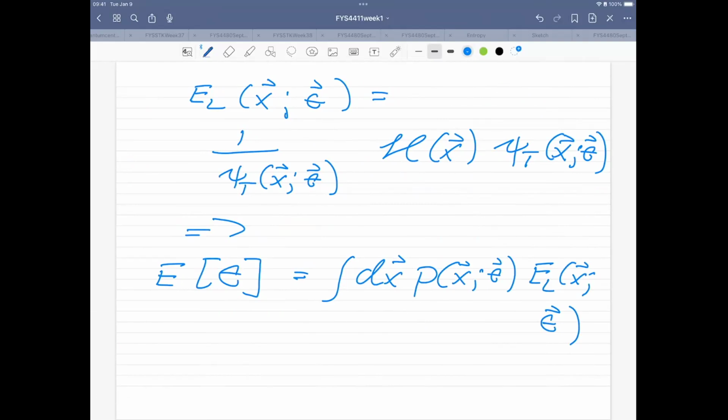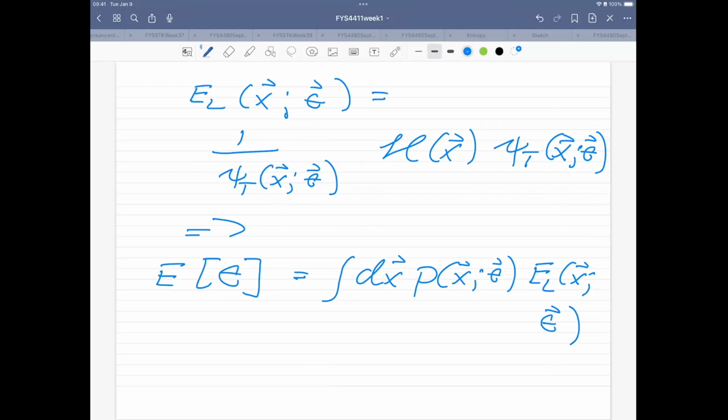Now, the fact that I have defined this probability is going to be important later when we introduce something which is called importance sampling, because then we are going to pick the points x according to the probability which we want to simulate. And that means that you will pick x's which are relevant and which give you a probability and wave function which is non-zero.